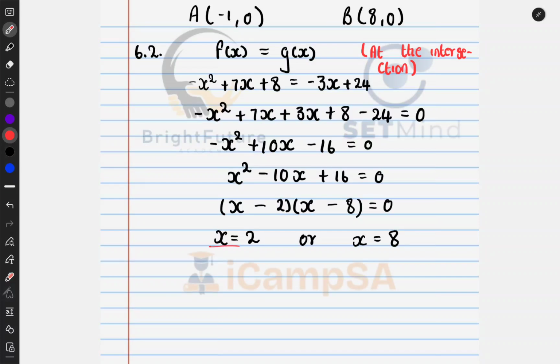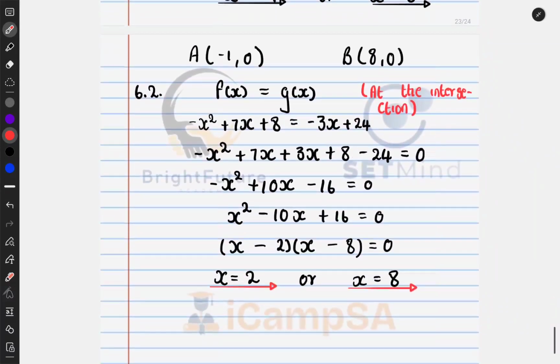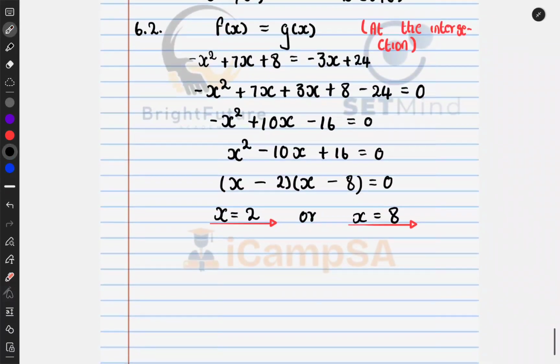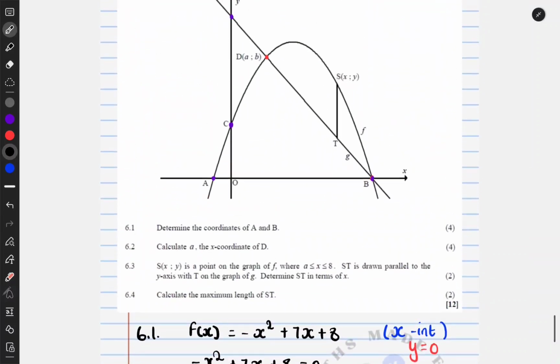Those are the answers, and we already know that at one intersection we have 8, which is B, but we are looking for D, so for D we now know that a is equal to 2. So for D we have (a; b) and I think it's (a; b), okay.